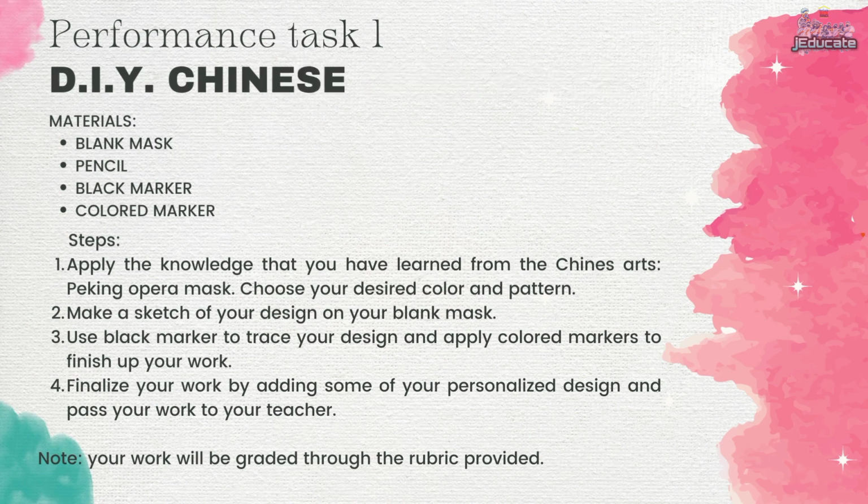Choose your desired color and pattern. 2. Make a sketch of your design on your blank mask. 3. Use black marker to trace your design, and apply colored markers to finish up your work. 4. Finalize your work by adding some of your personalized design, and pass your work to your teacher. Note: your work will be graded through the rubric provided.